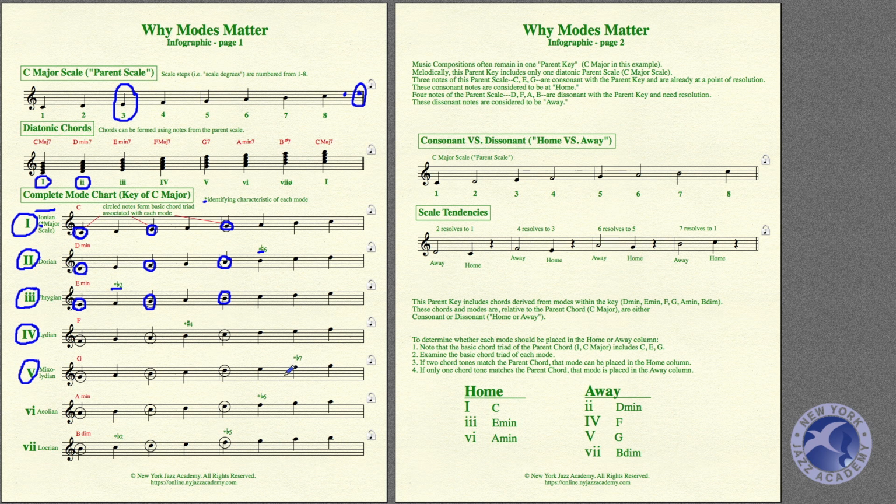We're left with an F natural, and that's the defining characteristic of Mixolydian, that it has a lowered 7th. Sounds like this. If I just play from 1, 2, 3, 4, 5, 6, 7, and I kind of stop on that 7, and then come back down, it sounds very, very Mixolydian-like.